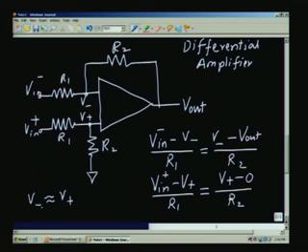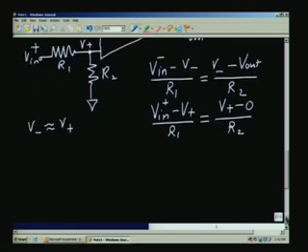And you notice that I am going to make V minus equal to V plus in these two equations, and then we can simply manipulate and get the following expression. I will leave it as an exercise for the student to accomplish.